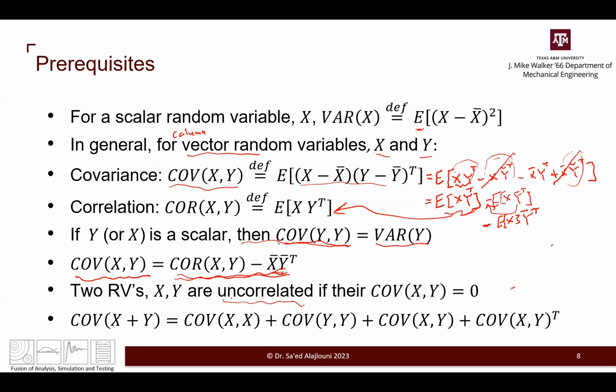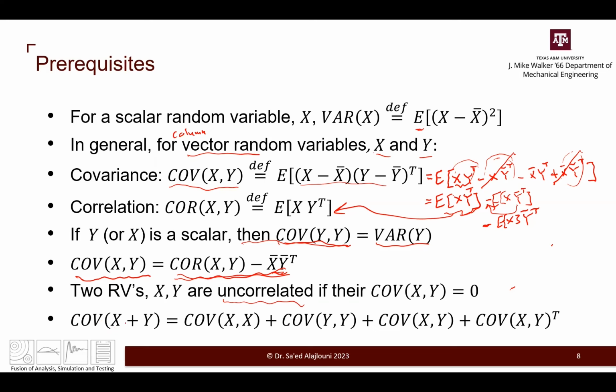This relationship might also be handy in the upcoming slides. If we have a sum of two random variables, x and y, and I want to find their covariance, then if you go through the definition and take the expected value of this sum, you end up with this expression on the right-hand side.